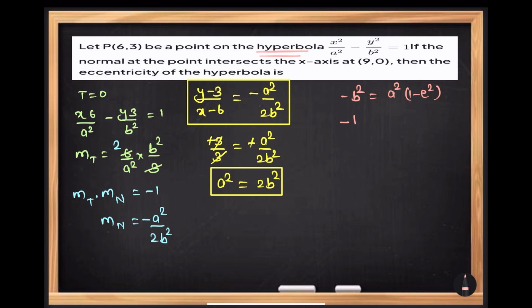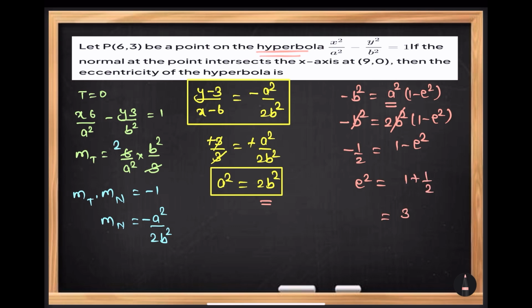So can I write minus b square, and in place of a square can I use 2 times b square, 1 minus e square. b square is gone. So we got minus of 1 by 2, 1 minus e square. So e square will be equal to what? 1 plus 1 by 2.